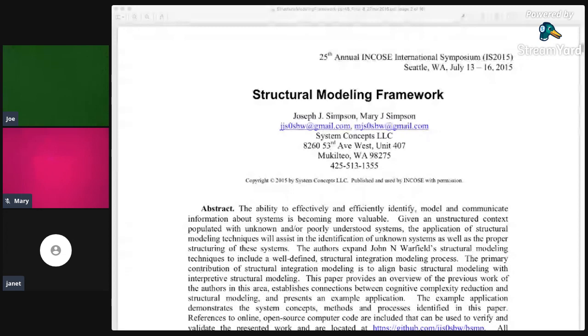I'll send that out. So we made a connection between Warfield's work and George's work, and to show how, at least in the introductory type of approach, that can be greatly simplified. So I will send that out in the notes for this one.